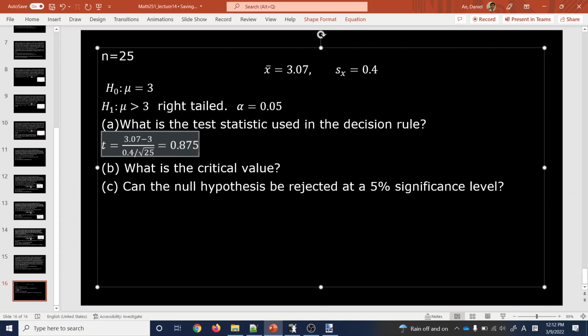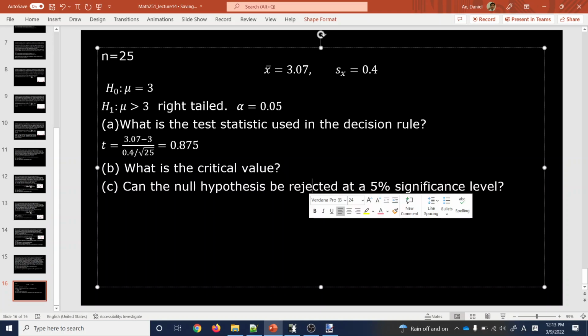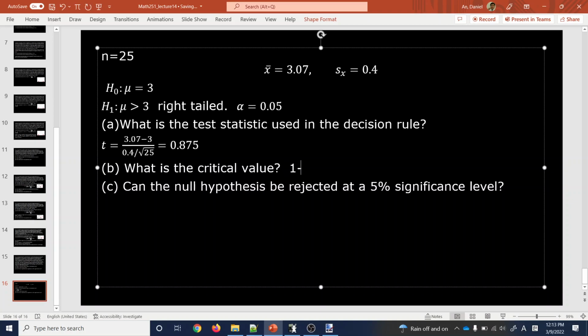Okay. Now, what is the critical value? That's just asking for the boundary of the rejection region, right? So you have to do inverse norm, okay? No, you have to do inverse t, right? And because it's the right-tailed one, you have to use 1 minus inverse t of, yes?